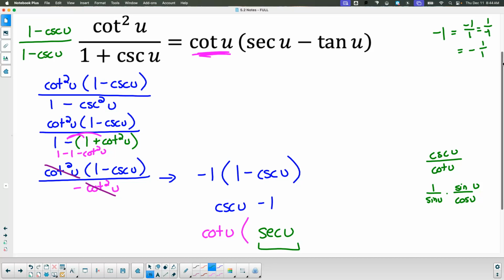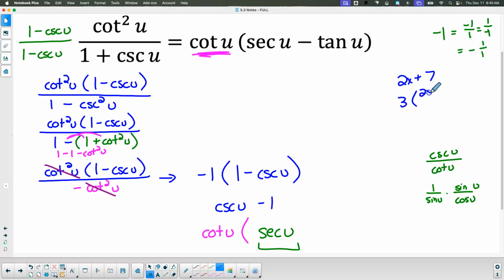No. Let me go simple, like algebra type 1. If I have 2x plus 7, and I want to factor out a 3, that means I would have a 3 out in front, and I would have to divide those terms by 3.